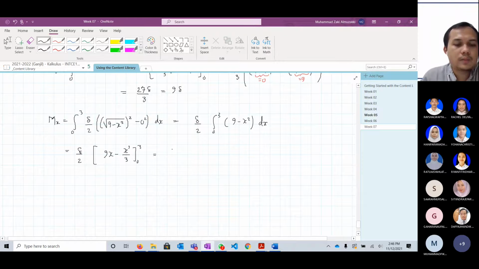Here we have delta over 2 times 9 times 3 is 27 minus, okay, 3 cubed is 27 divided by 3 is 9. Yeah, 27 minus 9 is 18.